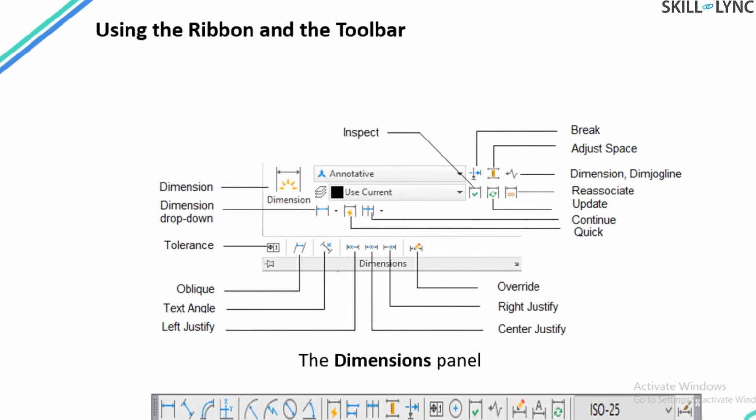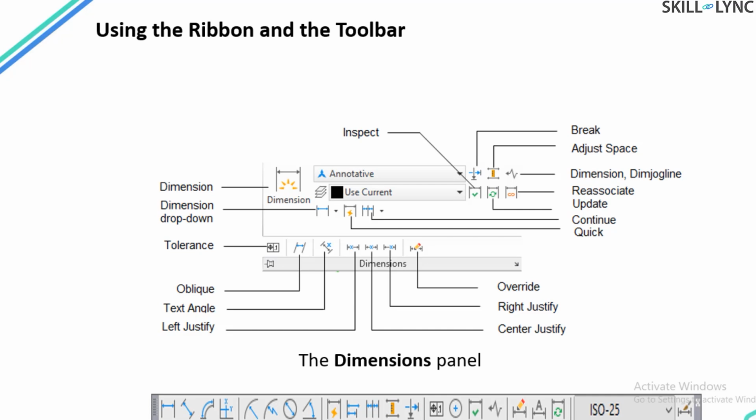And later on you can see in the ribbon that you have different tools. One is the break tool, and there is an adjust space tool. The break tool is a very interesting thing that I would like to explain. When two dimensions are crossing each other, normally when we dimension a very compact space in civil drafting, or when we're doing a building drawing or documentation, two lines intersect.